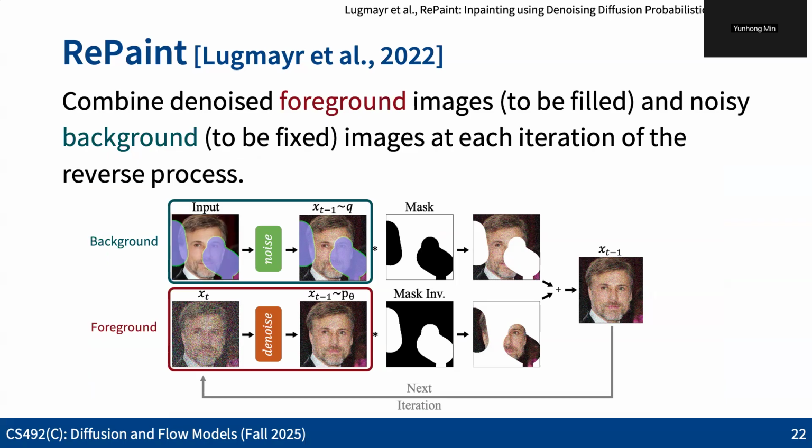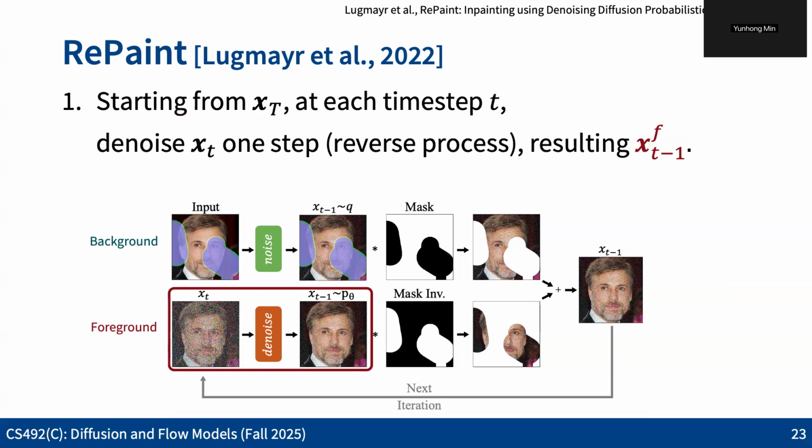So the idea is how we can perform the denoising process for the foreground region while also preserving this background. And as I said, there is no theoretical explanation why this works. No theory here, just a practical idea. And you can try this yourself and see how much it works.